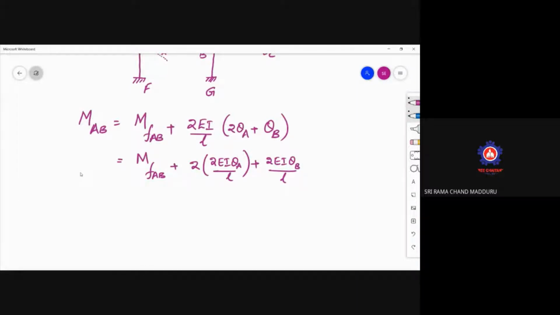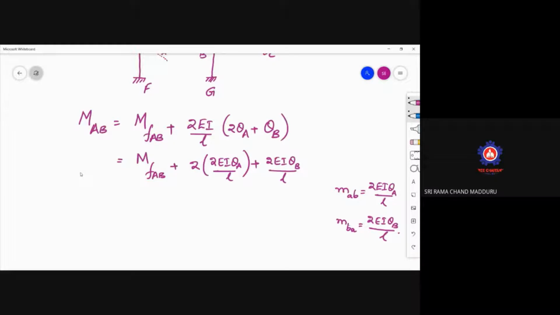Now here, this small 2EI by L into theta A will be replaced with rotational moments. So small MAB is 2EI into theta A by L, and small MBA is 2EI into theta B by L. For another simplicity, just a small correction: rather than writing capital A and capital B, I will write small ab, small ba.